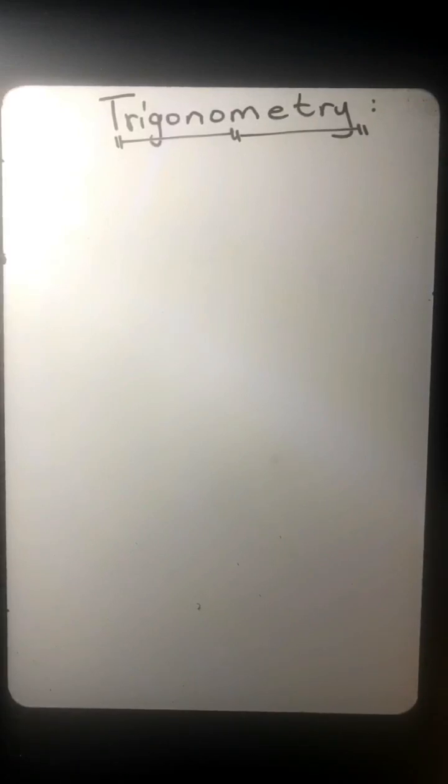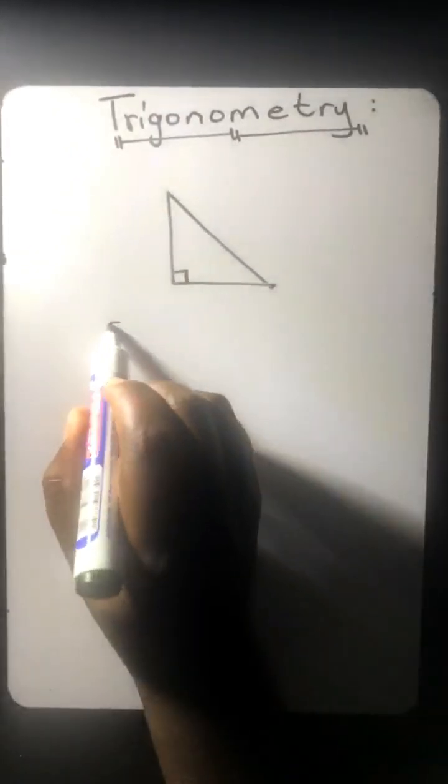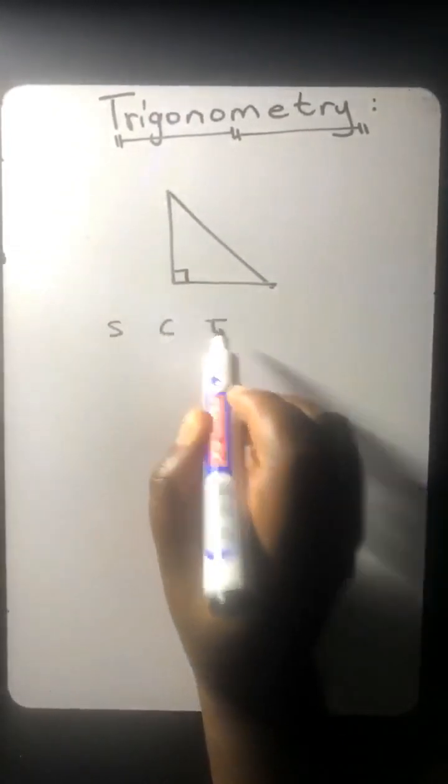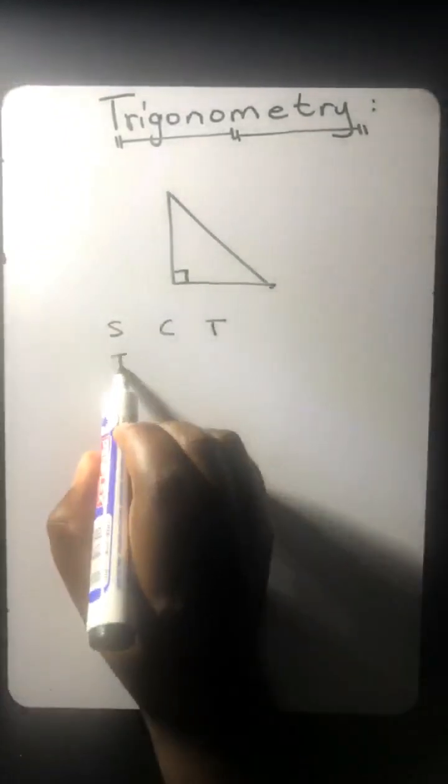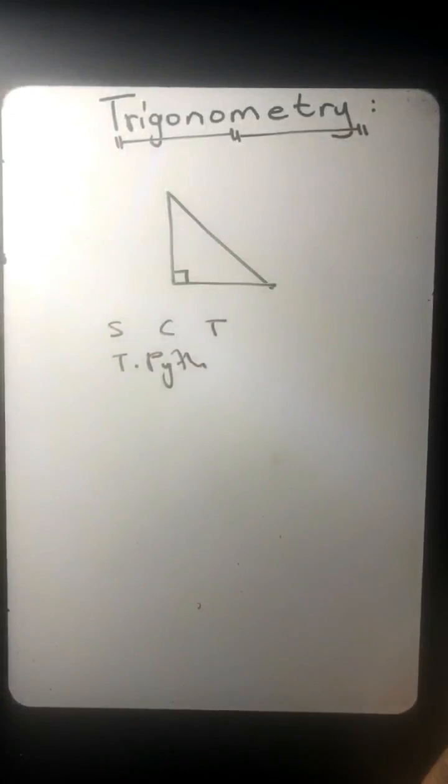Remember, only when we are dealing with a right-angled triangle can you involve sine, cos, and tan, and also the theorem of Pythagoras.